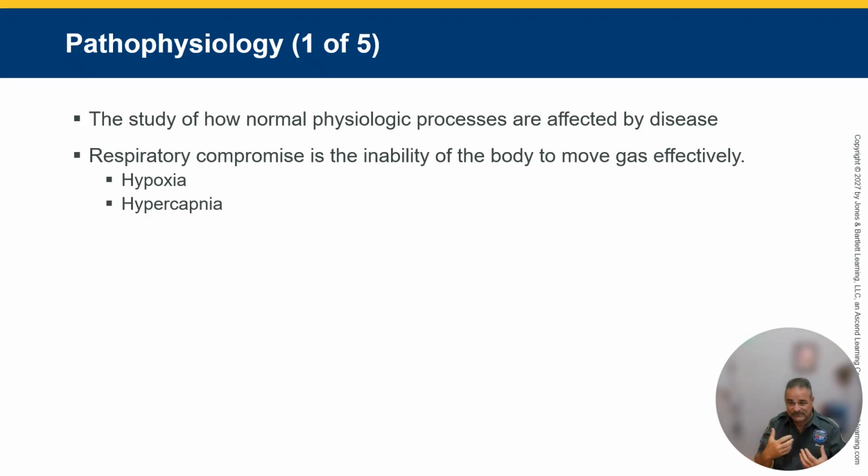It can't transfer, diffuse that oxygen and carbon dioxide correctly. Then we're going to start seeing that, and then we have to breathe for you, okay? Because your carbon dioxide levels are up, we need to give you more oxygen because your body is now becoming hypoxic, because you have a decreased level of oxygen in the body. There's more carbon dioxide than there is oxygen. So that's an example.